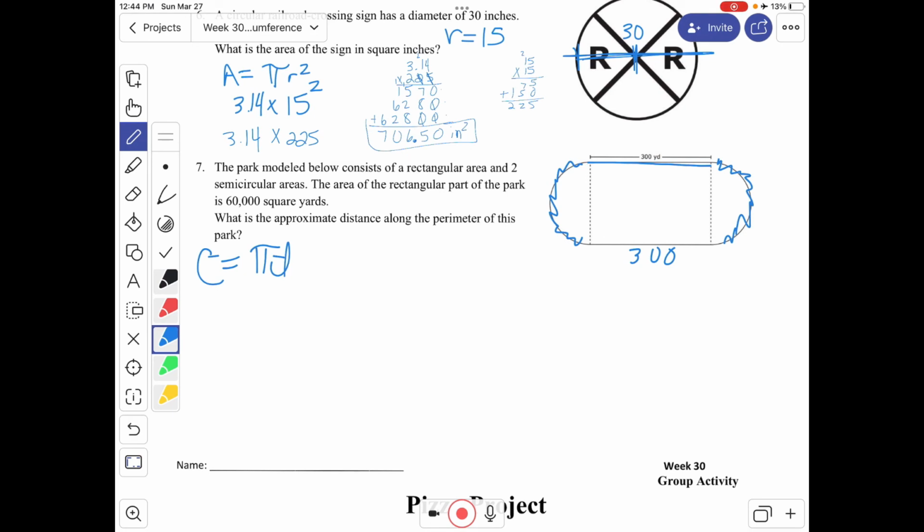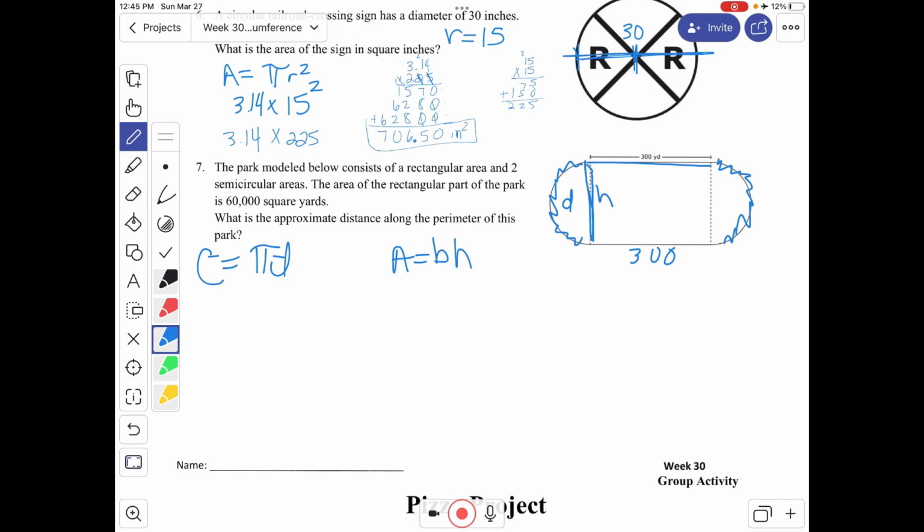So I'm going to need the diameter measurement, which goes across the circle, and it doesn't tell me what that is. I do know that it'll be the same as the height for the rectangle, but all they told me about the rectangle was that the area equaled 60,000 square yards.